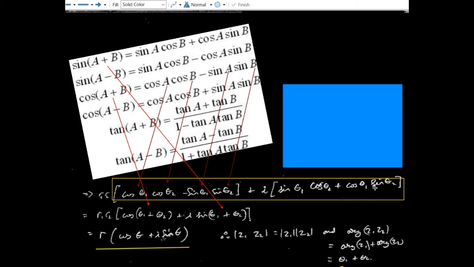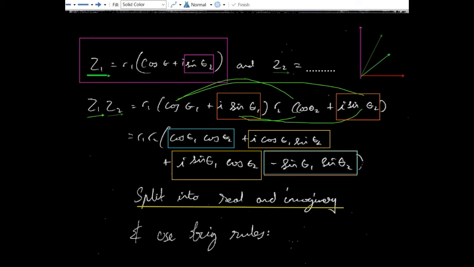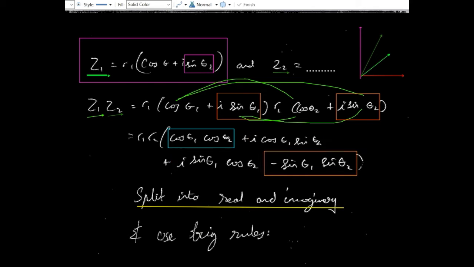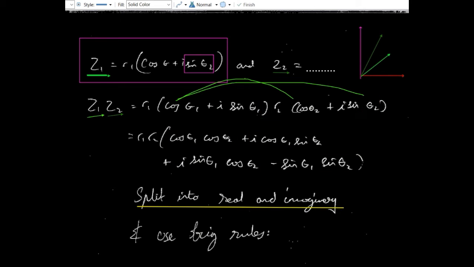So this simplification means that I can simply write this down as r1, r2 times cos of theta 1 plus theta 2, the addition of the angles, and sine of theta 1 plus theta 2. One thing to be aware of: we originally started off by multiplying our two vectors. Again, I use the word vector, but really it is only in the sense that there is magnitude and a direction on this Argand diagram.